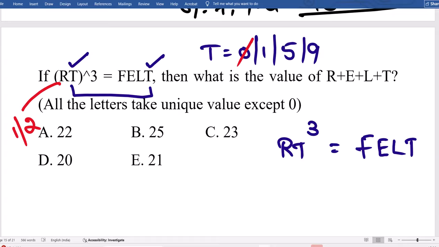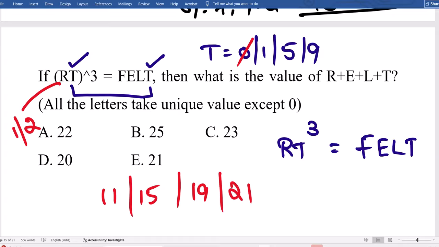Then the problem again, 25 cube: if you enter it, is it a 4 digit number or a 5 digit number? 25 cube is a 5 digit number. So you have chances here: R value 1 or 2, T value 1, 5, 9. It can be 11, 15, 19, 21. These are the only chances.